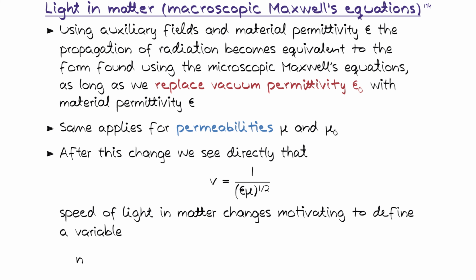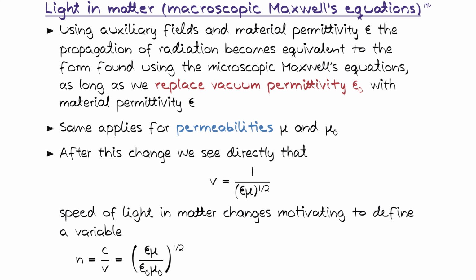This is known as the index of refraction or refractive index, and we can define the refractive index of our bulk material as the speed of light in vacuum, c or c naught, divided by the speed of light inside the medium, v. Plugging in what we have already learned, the functional forms of c and v, we can write the refractive index as the square root of permittivity times permeability divided by the vacuum permittivity and permeability.